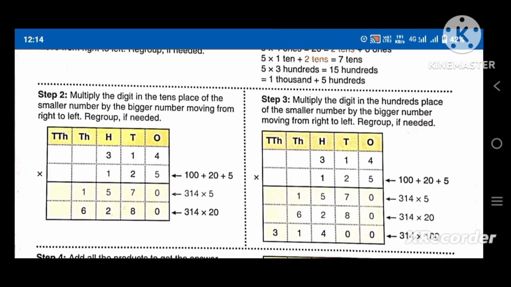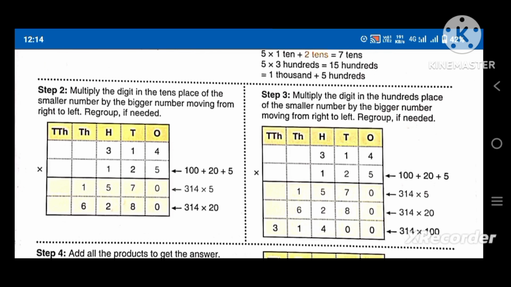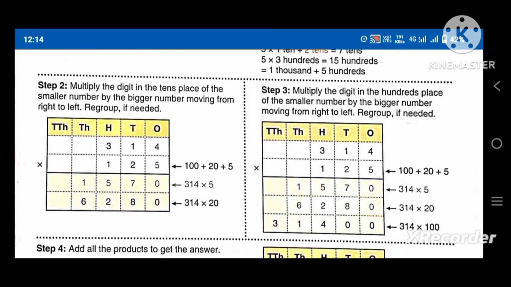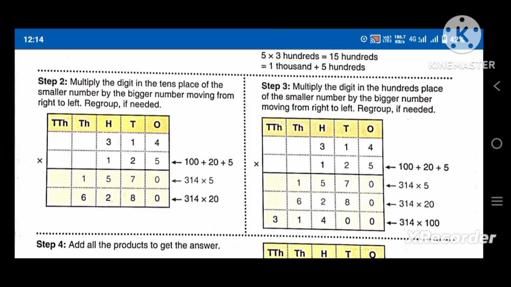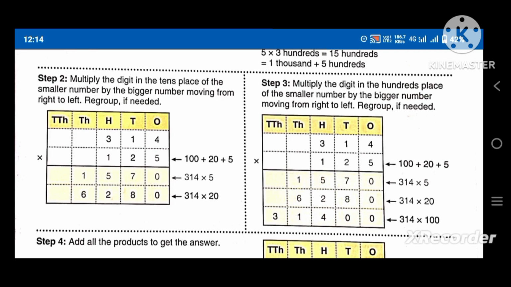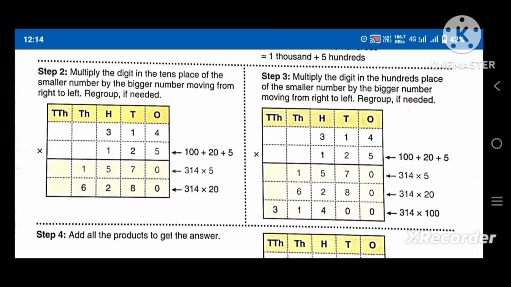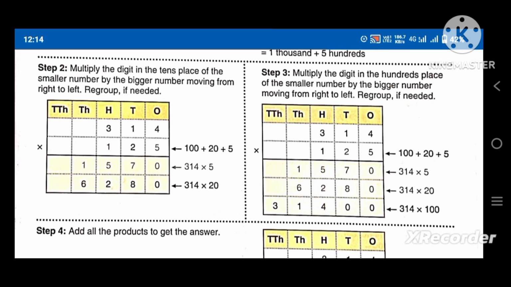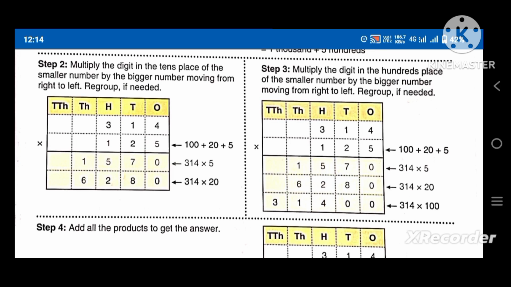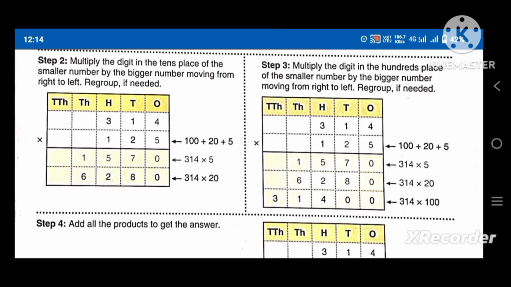Product 1 is 314 into 5 is 1570. Product 2 is 314 into 20 is 6280.